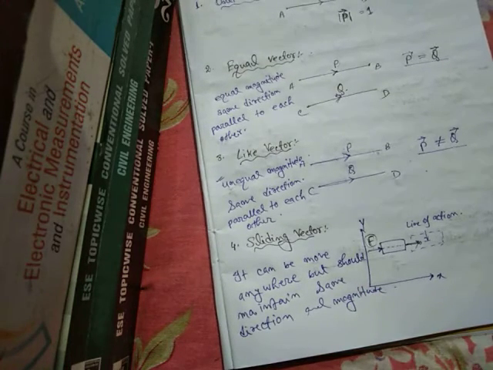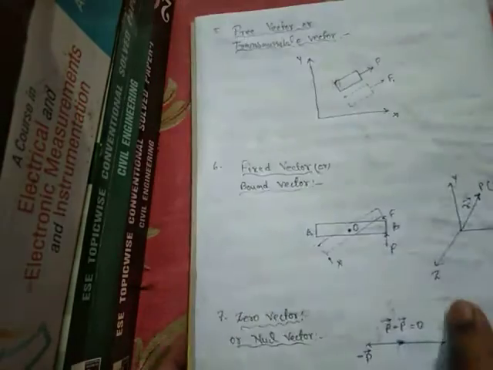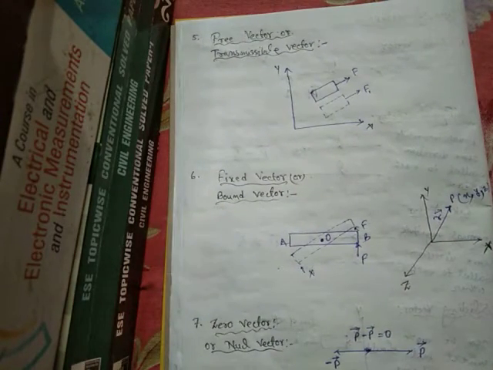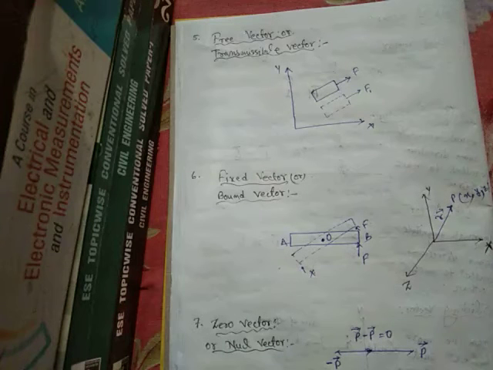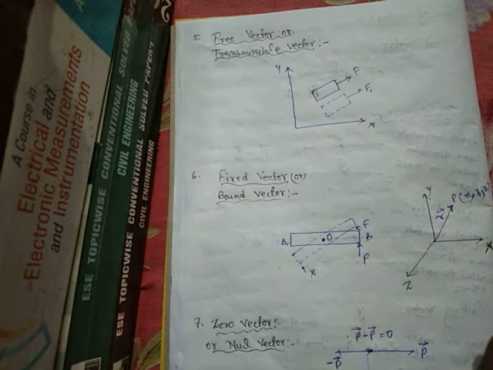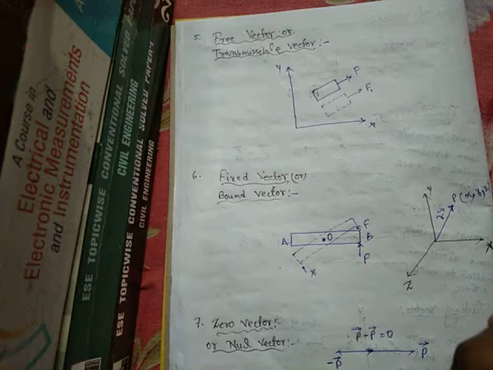ডিরেকশন অ্যান্ড ম্যাগনিটিউডটাকে মেনটেন করে যে কোনো জায়গায় মুভ করতে পারে, সেটা হলো স্লাইডিং ভেক্টর। তার নেক্সট ইজ free vector. What is free vector? It is similar to sliding vector also we can say.